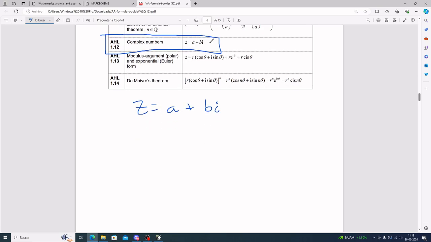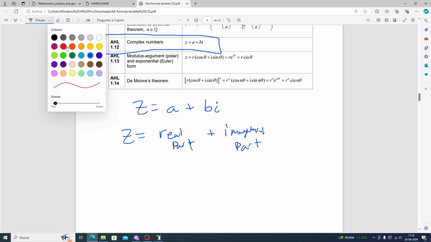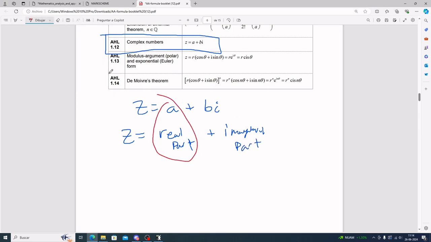And all this is really telling you is that a complex number has a real part plus the imaginary part. So the real part is the a, and the imaginary part is the bi.